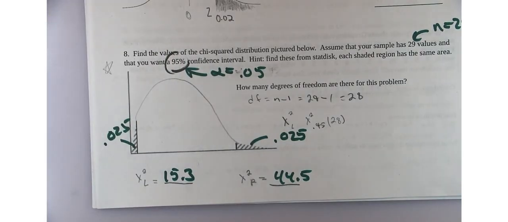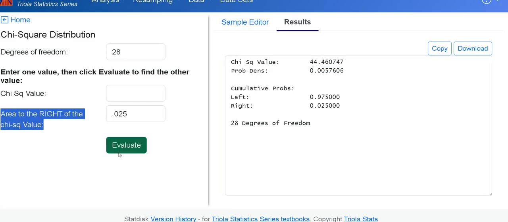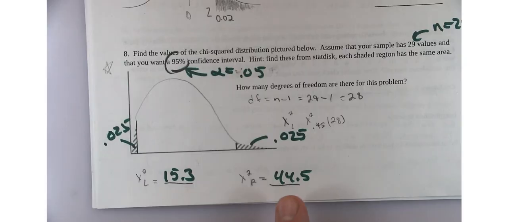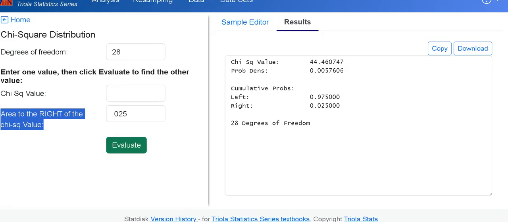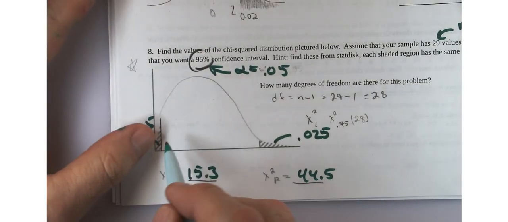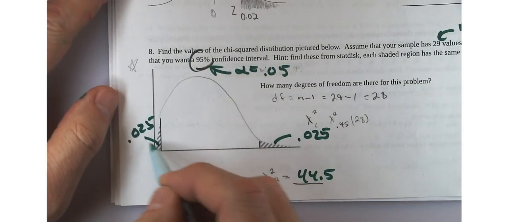Okay, so can you go back to StatDisk then? So you did 1 minus 0.025? Okay. Because it asked specifically for the area to the right. Yeah, it's asking here, what's the area to the right? So for chi-square sub R, I want 2.5% of the area to the right, so that's my chi-square sub R. For chi-square sub L, if 97.5% of the area is to the right, that means that little bit is to the left.